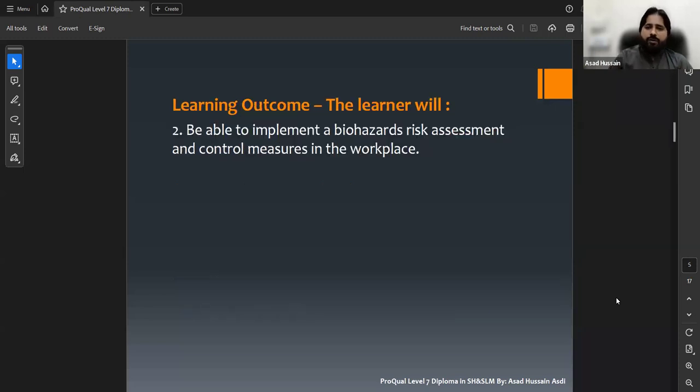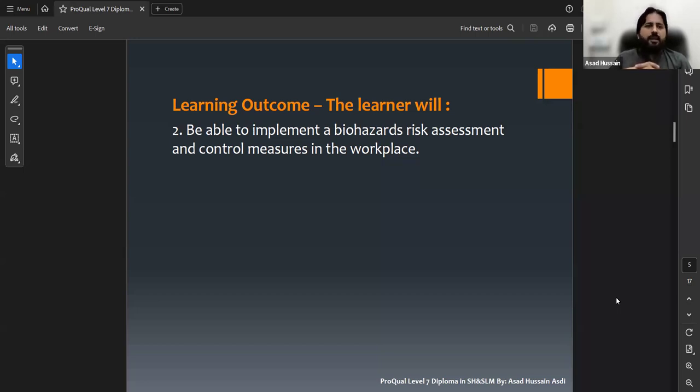Okay, so now moving forward, we have learning outcome 2. It is about being able to implement a biohazards risk assessment and control measures in the workplace.